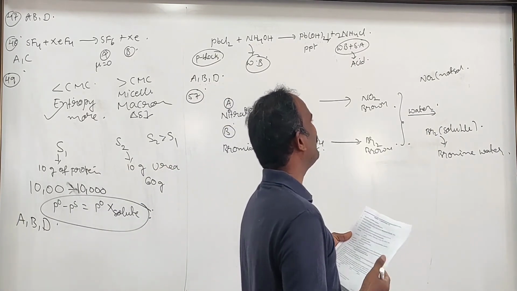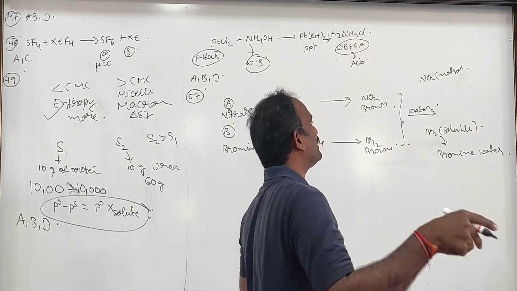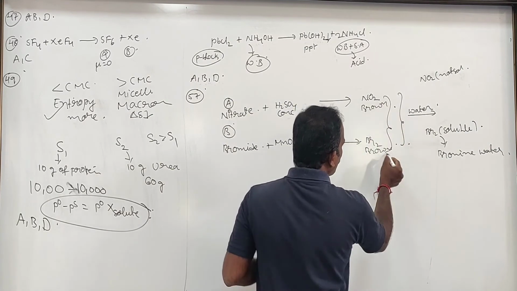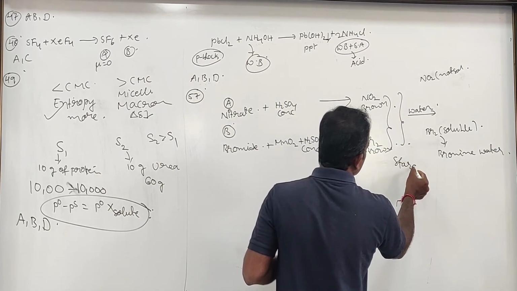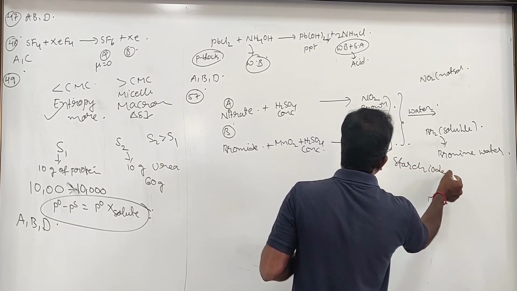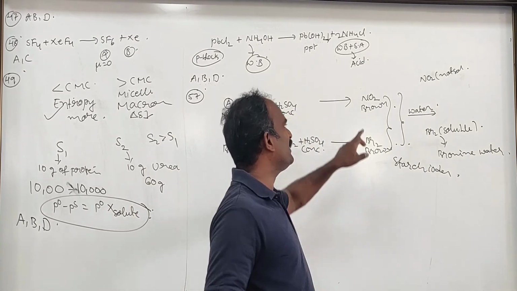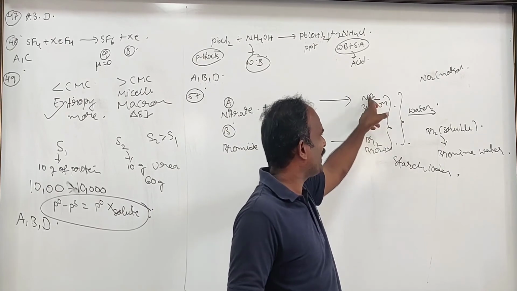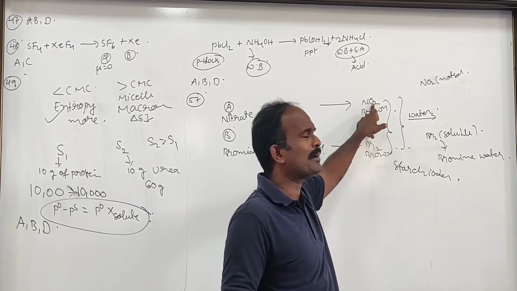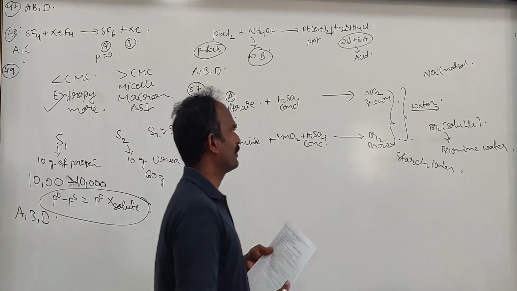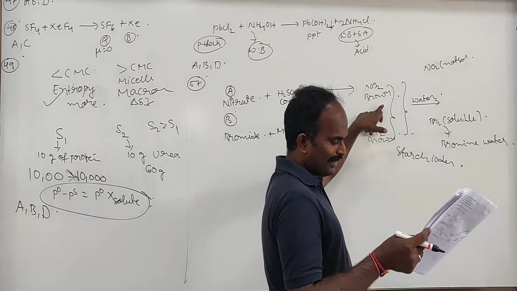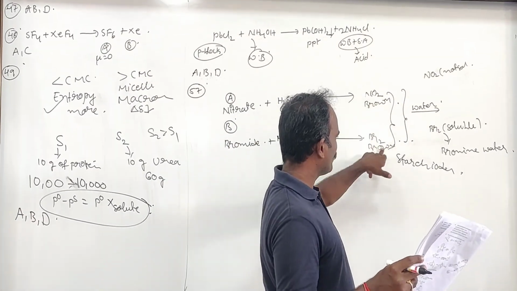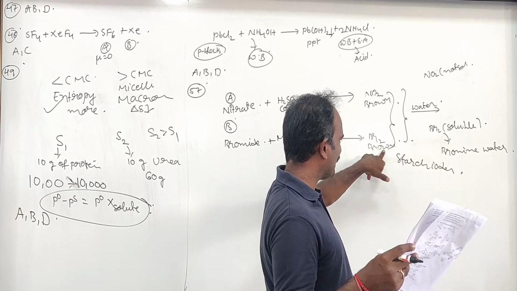Thereafter, it is again treated with the starch iodide. With both of them, starch iodide will be reacted. Sir, why is starch iodide reacting? After adding the water, it will be converted to some nitrite, and with the water only this is going to be reacted.